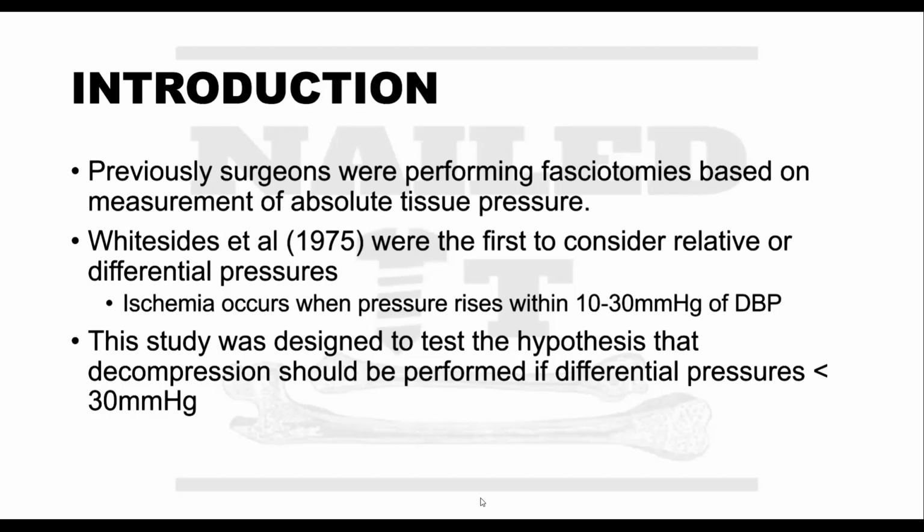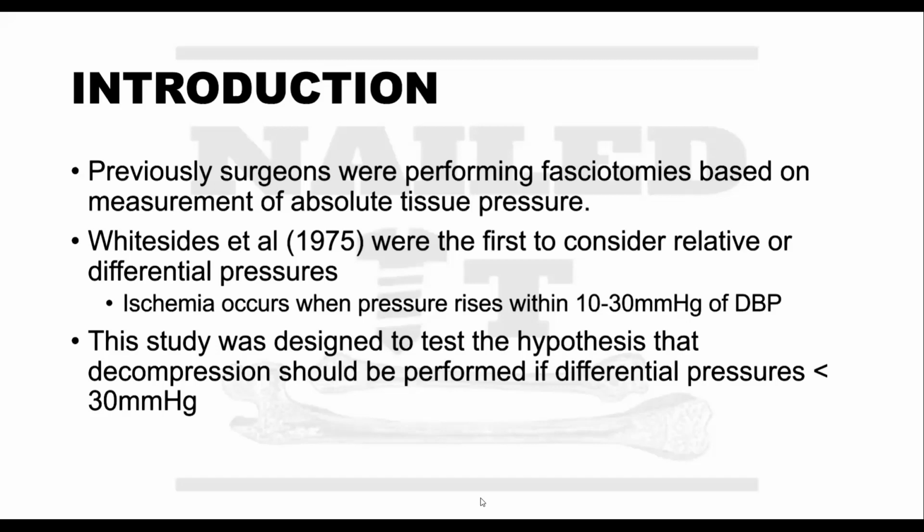But Whiteside et al. looked at it from a different perspective and considered relative pressures instead of absolute pressure. The reason they did this is because they realized that ischemia really only occurs when the pressure in the compartment rises to within 10 to 30 millimeters of mercury of the diastolic blood pressure.